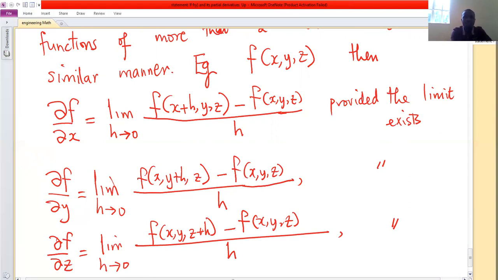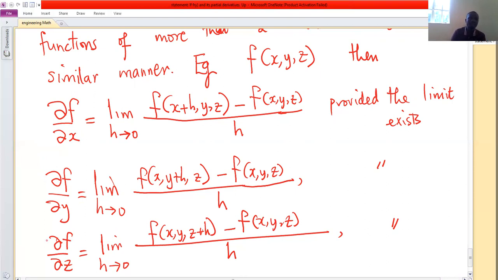So in these definitions, one key thing that you have to remember is that if you're defining partial f partial x, then x is taken to be a variable, and any other variable in that function is assumed to be constant when you're differentiating with respect to x. And when you're differentiating partially with respect to y, only y is taken to be the variable, and any other variable apart from y is assumed to be a constant.